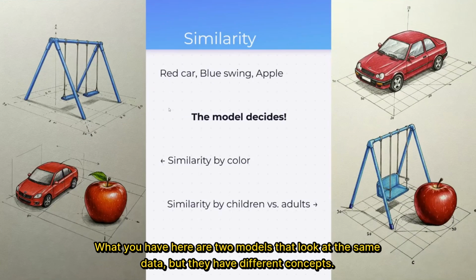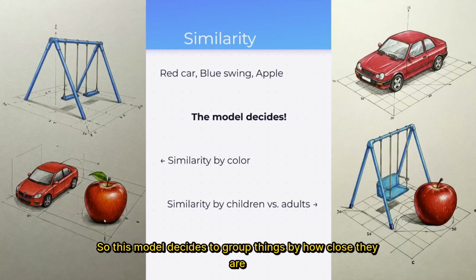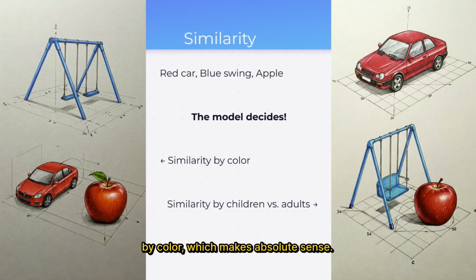What you have here are two models that look at the same data, but they have different concepts. So this model decides to group things by how close they are by color, which makes absolute sense.